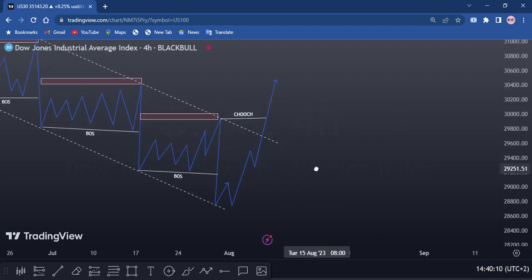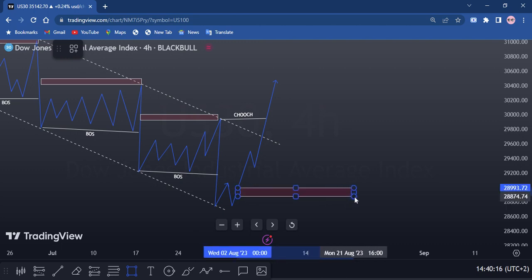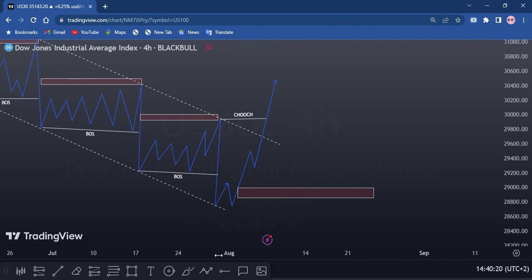Now, what happens as a continuation from here is that the market would have left some sort of an order block here, right? Now it will come down and it will have a retest and people will start buying because now they will see that there's a retest.